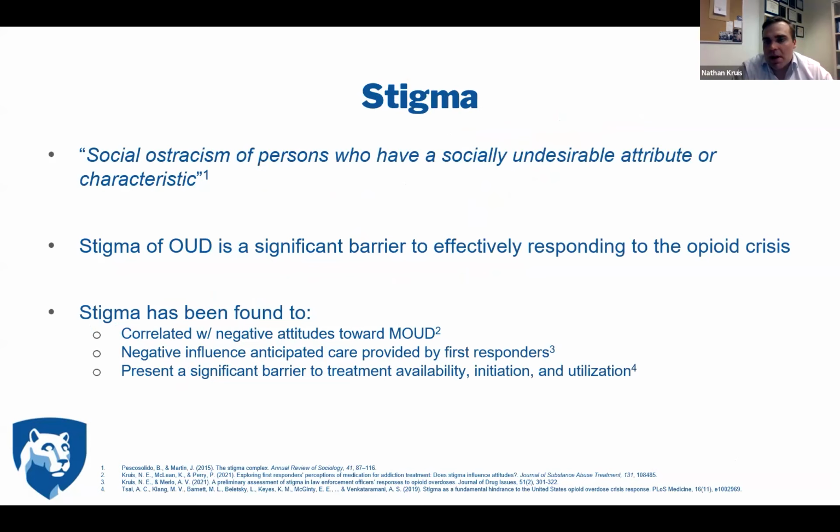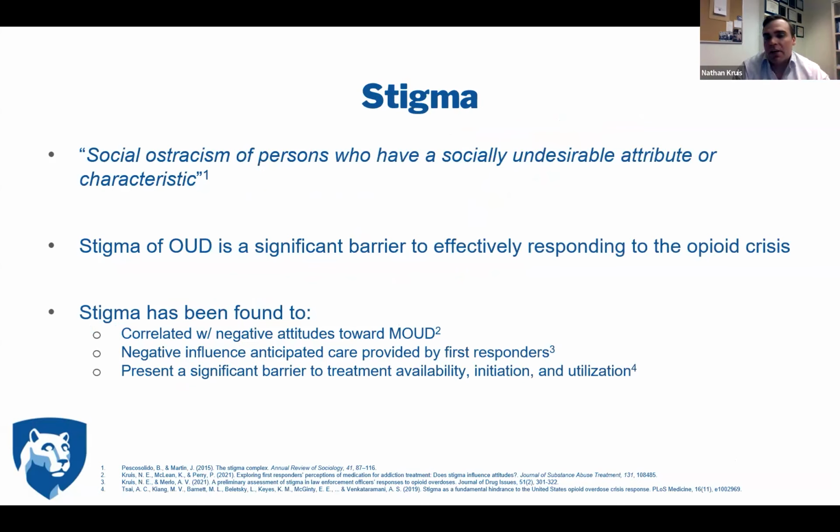One of the biggest barriers to fighting this epidemic is stigma of OUD. Some of our prior research has found that stigma of OUD is correlated with negative attitudes toward the use of medications for opioid use disorder. Some of our earlier research also found that stigma was present in samples of first responders and that it influenced their anticipated behavioral responses to opioid overdoses.